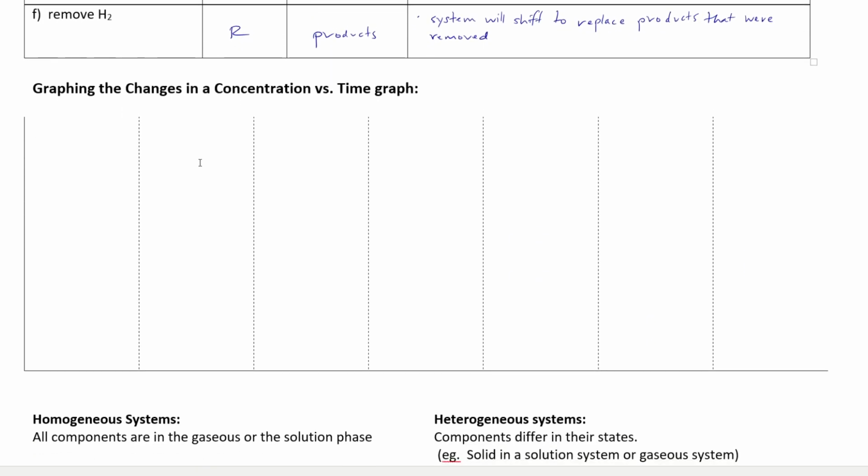We can now do concentration versus time graphs. So on the right side, we have concentration, right? And this is going to be a qualitative graph. So these are concentrations, and this is time, concentration versus time.